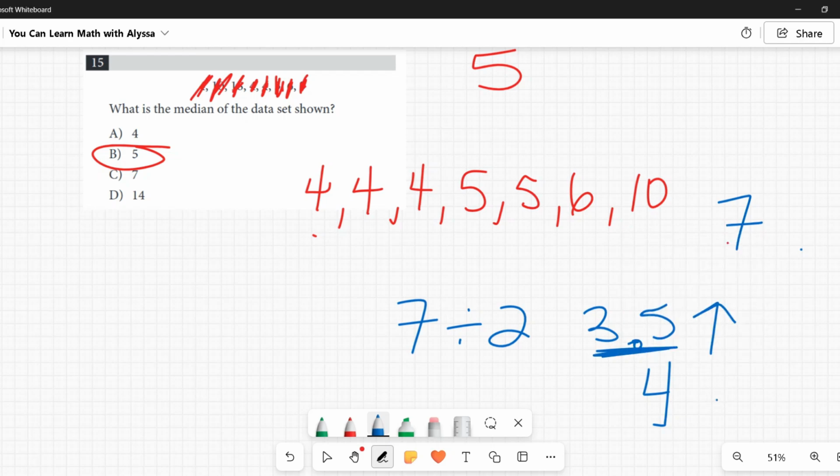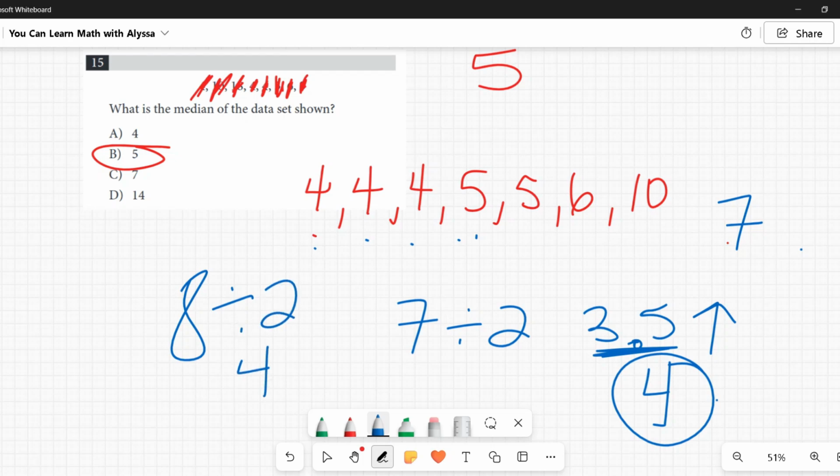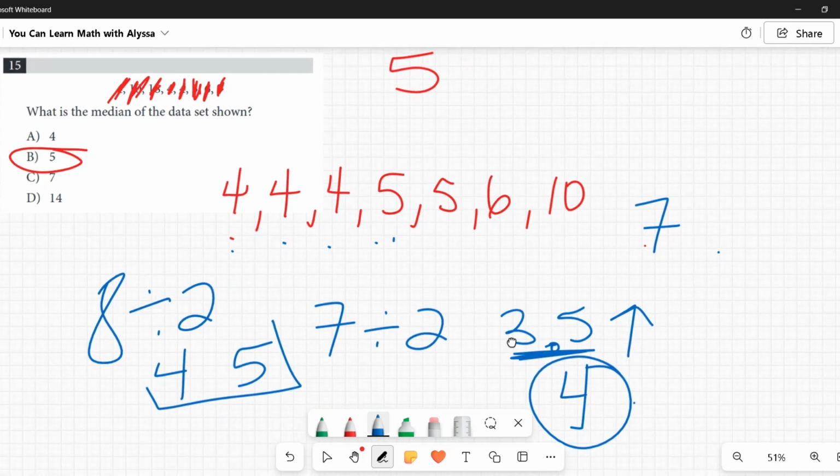You're going to go up to the next whole number, the next integer, and that's going to be the median when you count out. It's going to be the 4th number in this case. And again, if it was even, 8 divided by 2, you get 4. You go up 1 number, that's the 5th number. You add 1, and that gets you the 5th number, and those are the 2 numbers that you average together to get the median. But again, in this case, it is B, 5.